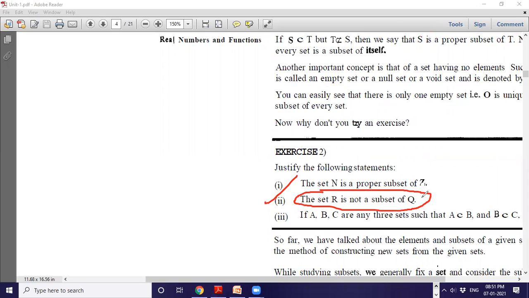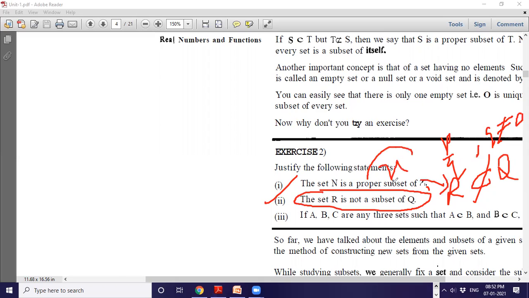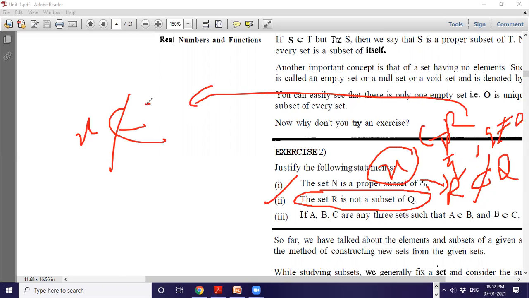Q आपने देखा वो सारे नंबर जिसको हम P by Q के फॉर्म पे लिख सकते हैं जहां Q 0 नहीं होना चाहिए, और हम बोल रहे हैं R, Q का सबसेट नहीं है. तो इसका मतलब ये है कि R में कोई एलिमेंट ऐसा है, this means there exists an element X in R, but this element does not belong to Q. Now find out that element. That is your task. Okay, do it.